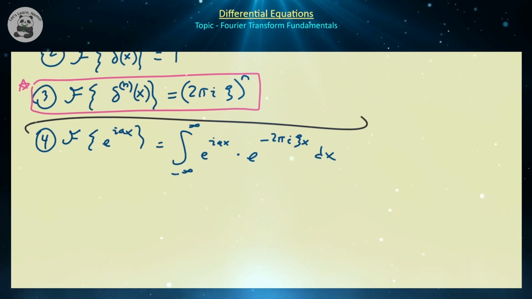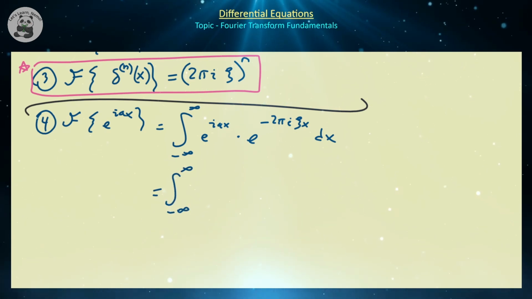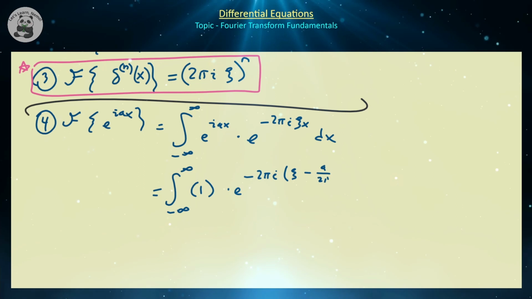Once we combine those exponentials together, what we're going to have is the integral from minus infinity to infinity of 1 times e to the minus 2 pi i times psi minus a over 2 pi of x dx.